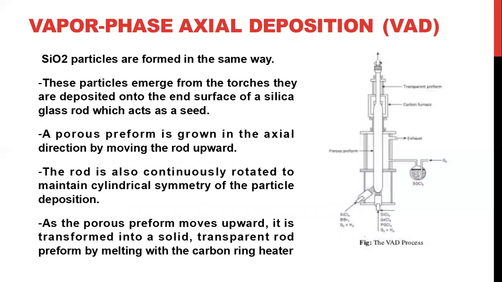That is the second method, vapor phase axial deposition. This method is similar to the first method, that is the outside vapor deposition technique, but uses a modified geometry, as you can see on the right side, where the deposition occurs at the end of the target rod. The rod is continuously pulled away from the burner and very long preforms can be made.